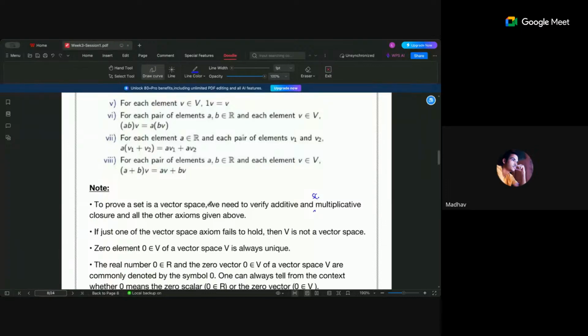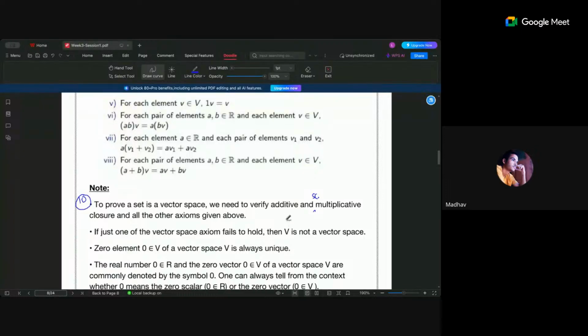So you have 10 conditions, you can say, including addition and scalar multiplication closure. If all the conditions are satisfied, then only you can say a set is a vector space. If just one of the vector space axioms fails to hold, then V is not a vector space. Even if just one property fails, then it cannot be a vector space.